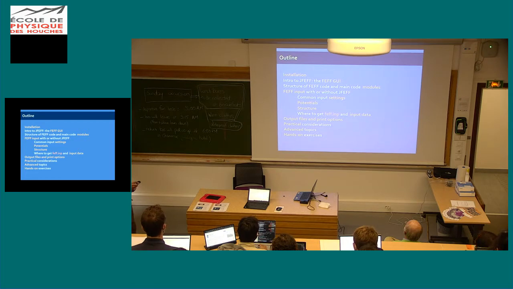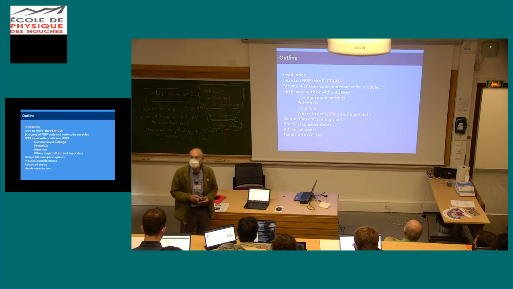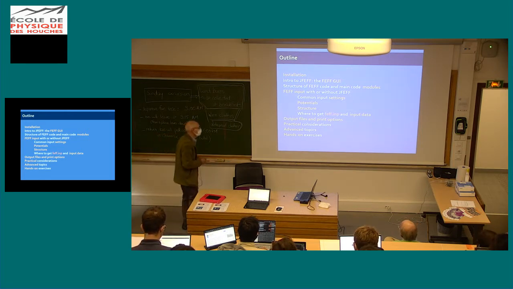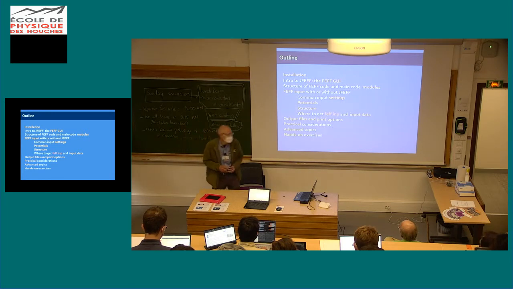How to get the muffin tin potentials, and where to get the input files. You can make them yourself, but they're available online in very many places, and it's useful to get structures from various places. What the output looks like, what kind of print options are available, and then various practical considerations.